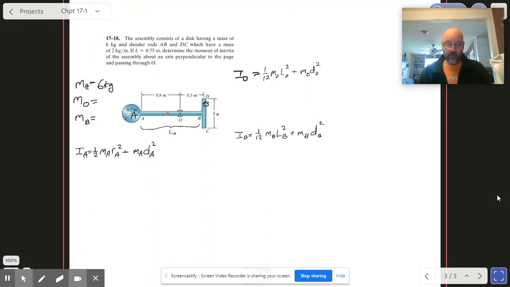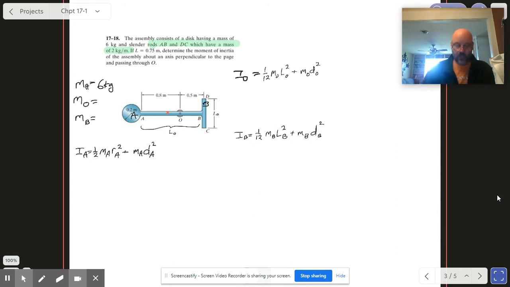It's 6 kilograms. Then it does this weird thing, maybe it's not that weird, where it says the rods A, B, and DC have a mass of 2 kilograms per meter. So what it does there, it gives us a mass density. So we have to take the length of the rod and multiply it by the 2, and that's how we get the actual mass.